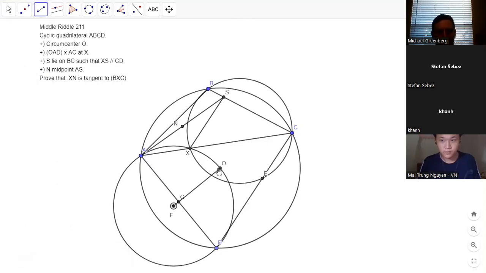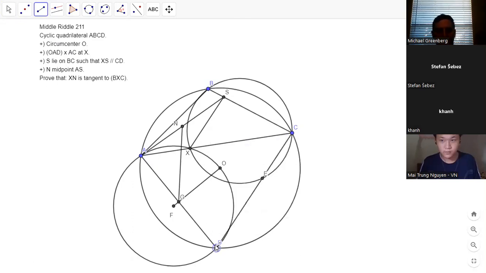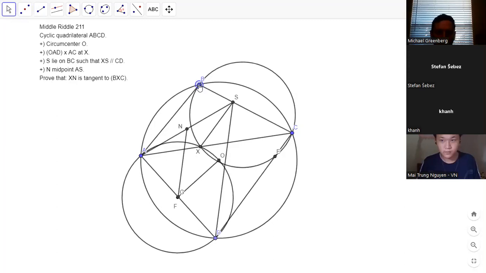So these are collinear and NG is parallel to BD. No, that's not right. NG is parallel to DS. Are D, O, and S collinear? Yeah, no.